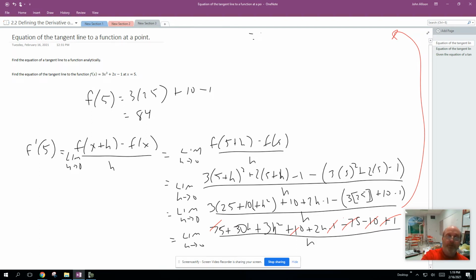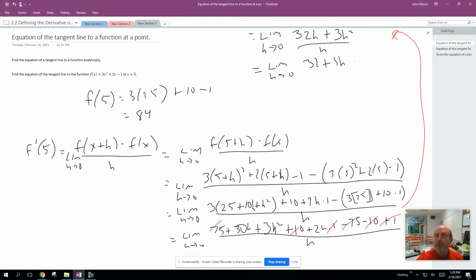So this is now going to be equal to the limit as h goes to 0 of 32h, we combine those h's, plus 3h squared over h, which is the limit as h goes to 0 of 32 plus 3h, which equals 32. So at x equals 5, the slope of the tangent line, remember, this is our f prime of 5.